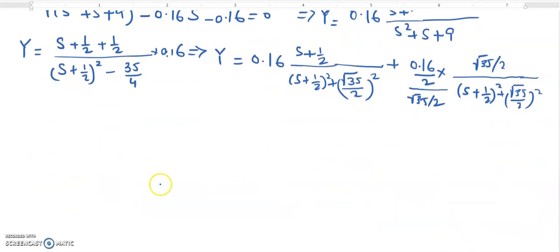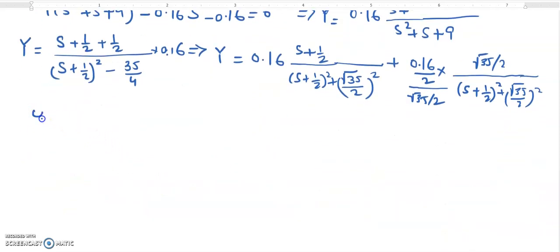So now y of t will be equal to, because it is s plus 1 by 2, the s shifting theorem will apply, so it will be 0.16 e power minus t by 2, and for this term it will be the cosine of under root 35 by 2 t.